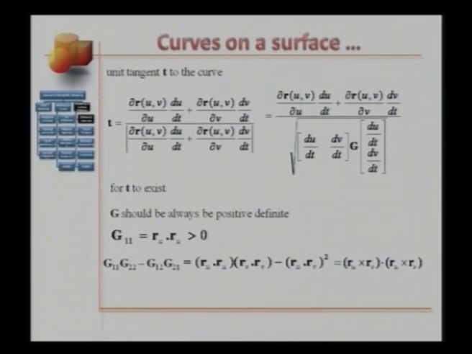The dot product of the normal with itself has to be greater than 0. And since the first two and the only two principal minors of G are greater than 0, G is in fact positive definite.